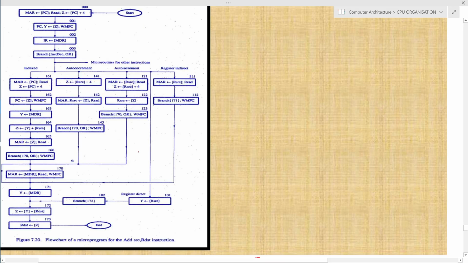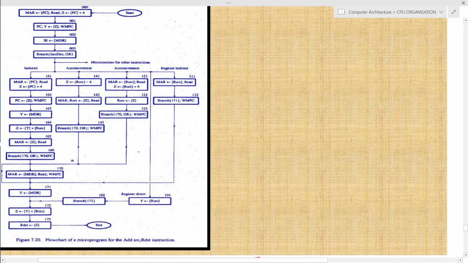For example, if it is indexed mode, it will read the control word from location 161.